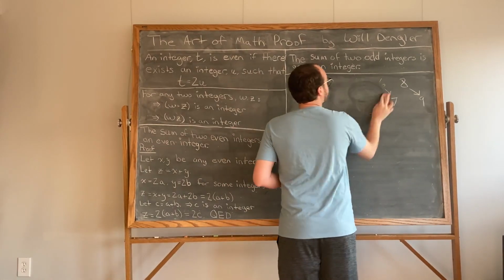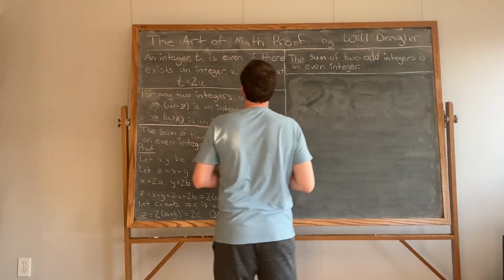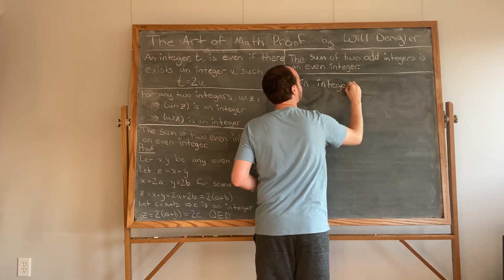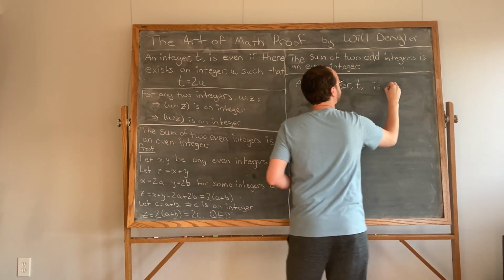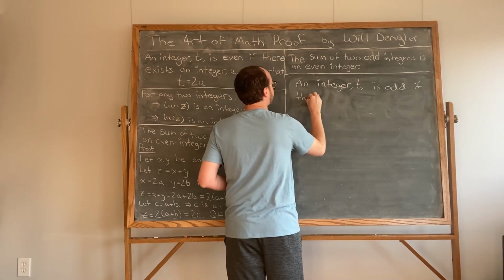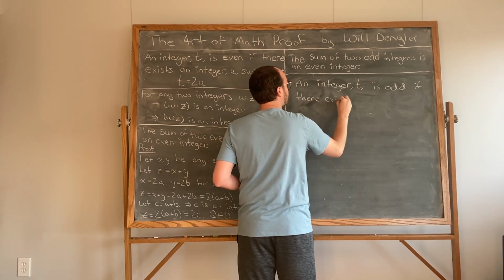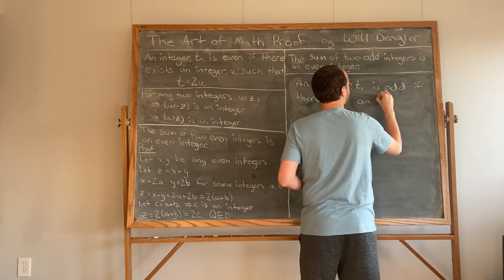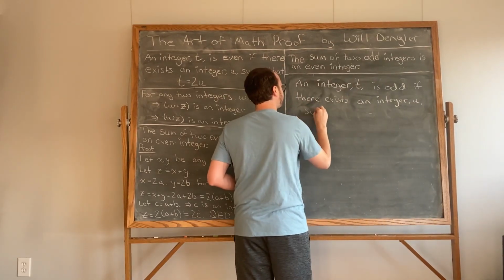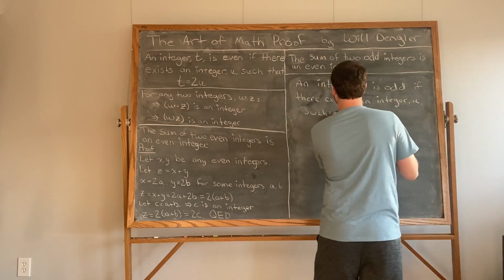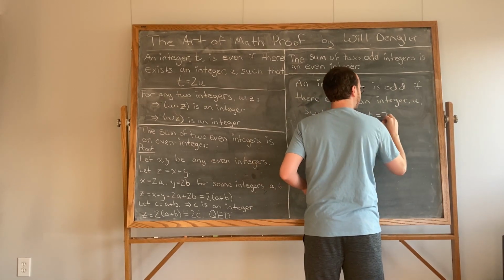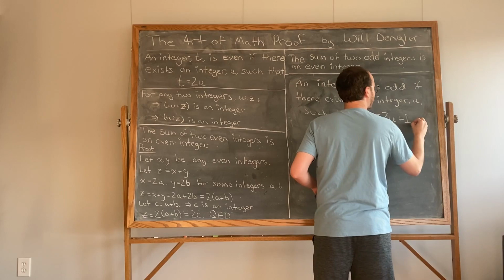An integer is odd, call our integer t, if there exists another integer, let's call it u, such that t is equal to 2 times u plus 1.